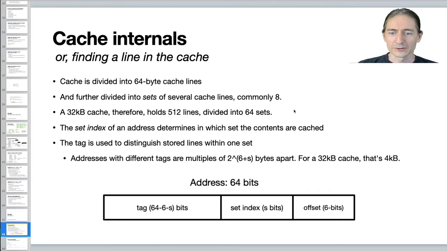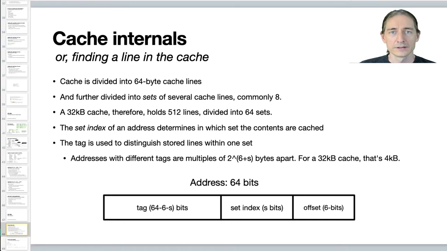With an 8-way associative cache, we can fit 8 different cache lines in one set. So therefore, a 32 kilobyte cache would be 512 lines, 64-byte lines.